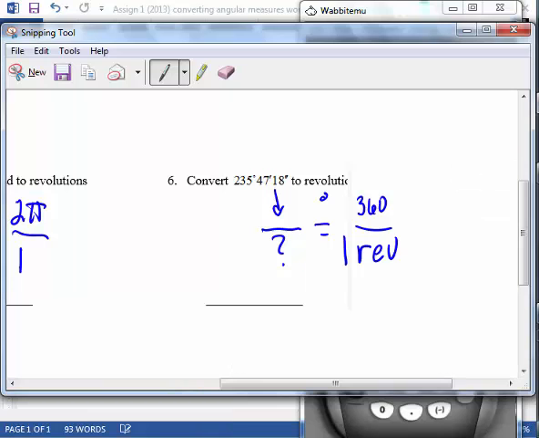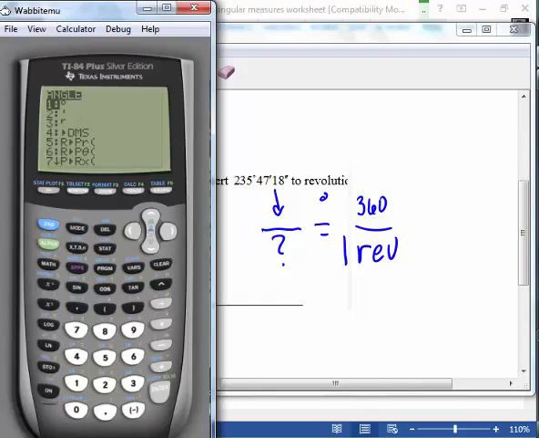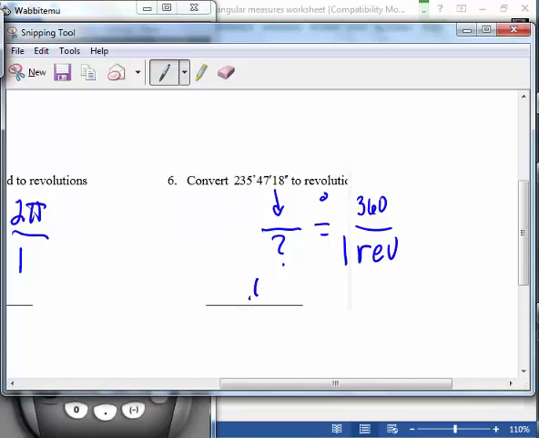Oops, wrong one. 235 degrees, which is number 1, 235 degrees, 47 minutes, which is number 2, and alpha plus, there we go, and we get 235.78 and divide that by 360 gives us 0.6550 revolutions.